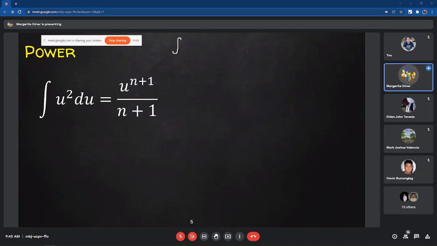Okay, so the equation is dv over e raised to v. Let's try if we can use ln. If we use ln, your u will be equal to e raised to v, and then your du is equal to e raised to v times 1 dv.